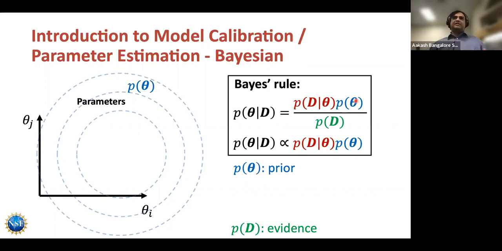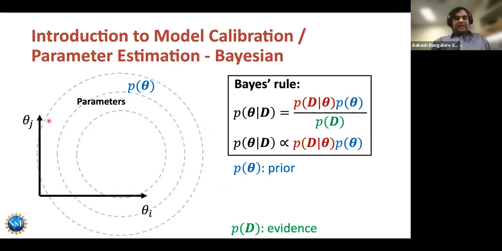If all we have is some information that the parameter values can take on any value in some range, and we don't know anything more about the relative probability or likelihood of any of the parameter values within that range, then we can just use a uniform distribution to represent the prior.